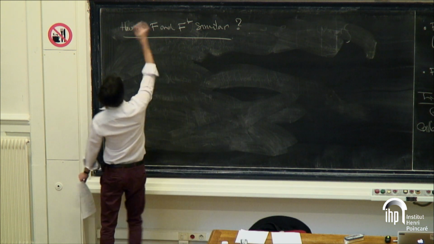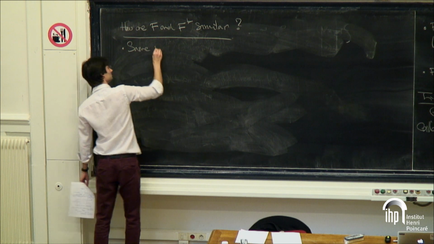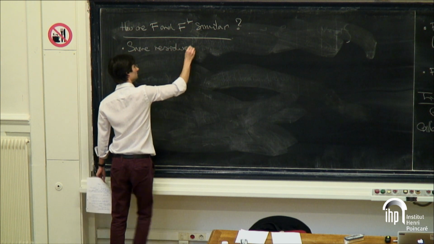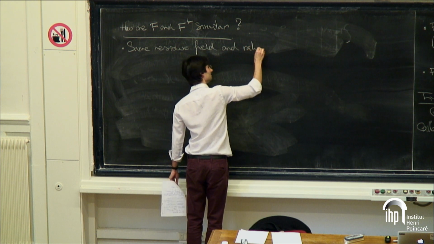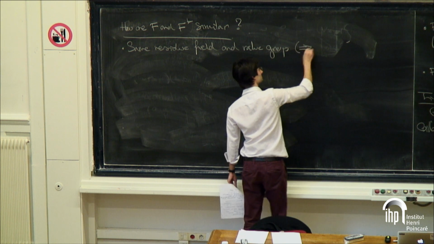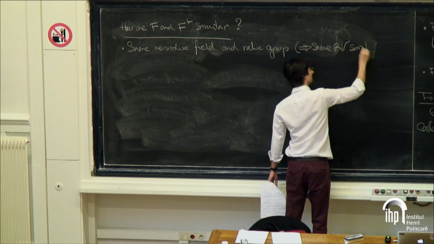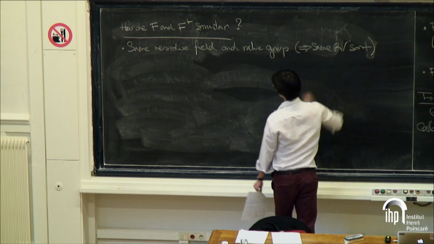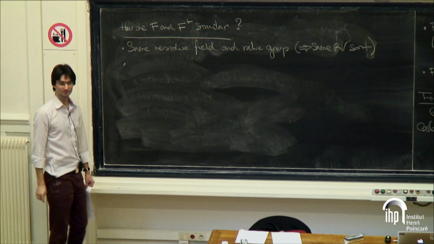So firstly, as I already stated in the lemma, they have the same residue field and value group, and hence they have the same RV sort. But in fact, we can do a little bit more.